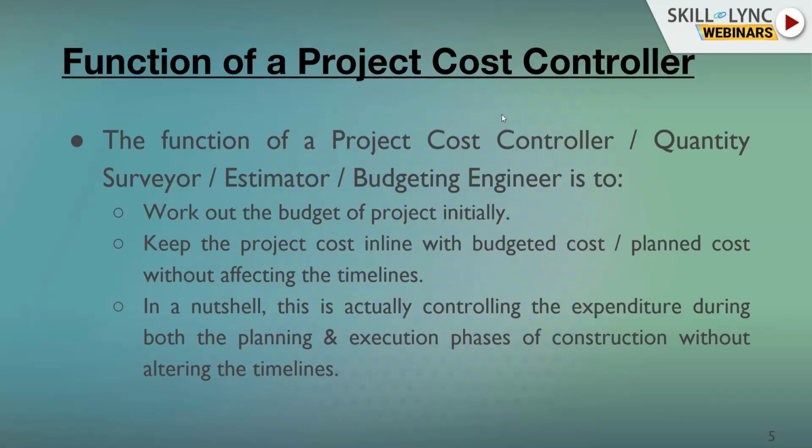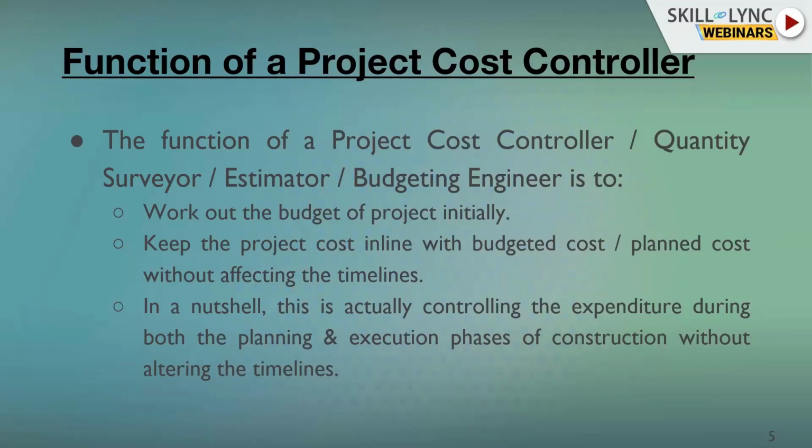In a nutshell, this is controlling the expenditure during both the planning and execution phases of construction without altering the timelines. This is basically the major job requirement, the JD, of the project cost controller.